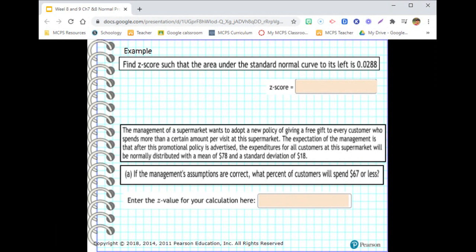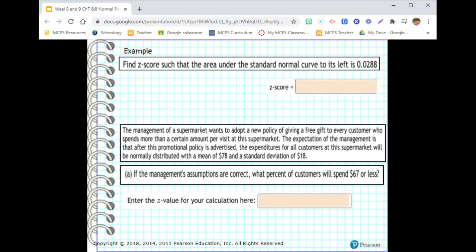The expectation of the management is that after this promotional policy is advertised, the expenditures for all customers at this supermarket will be normally distributed with a mean of 78 and a standard deviation of 18. If management's assumptions are correct, what percent of customers will spend $67 or less?